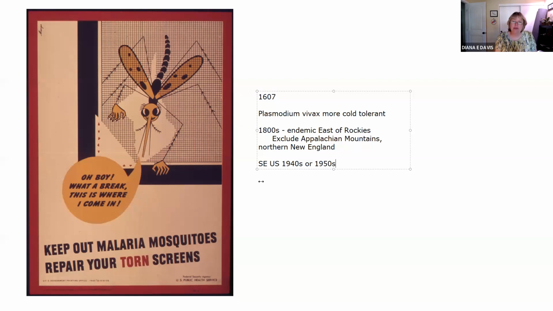So one of the other things that happened in the US, besides screens on windows: the US Army Corps of Engineers went throughout the eastern part of the US and straightened creeks and small rivers.